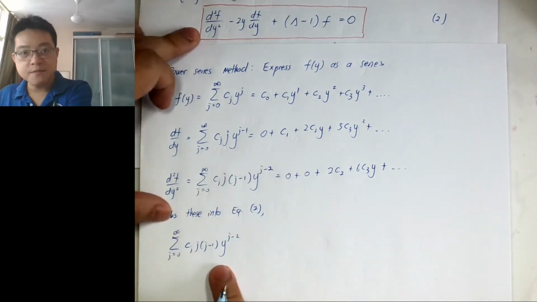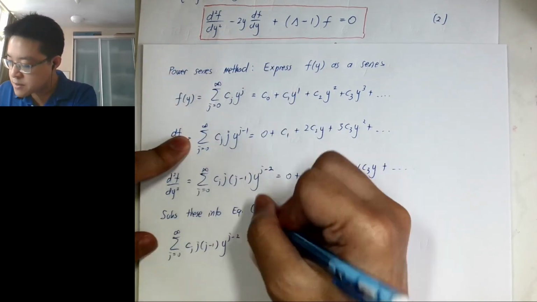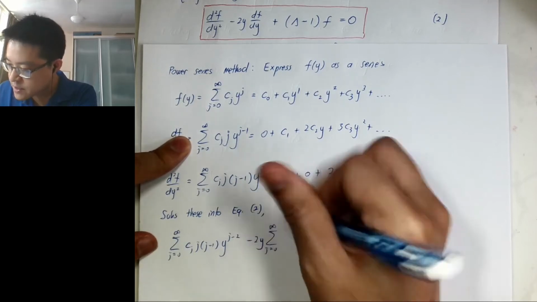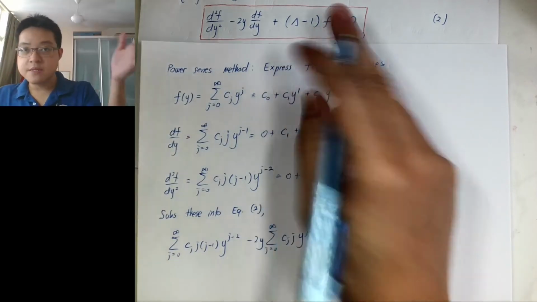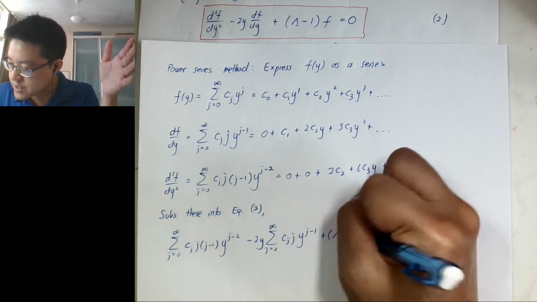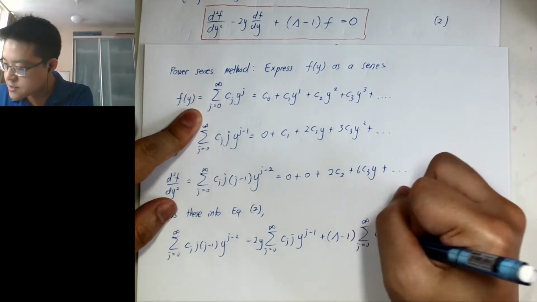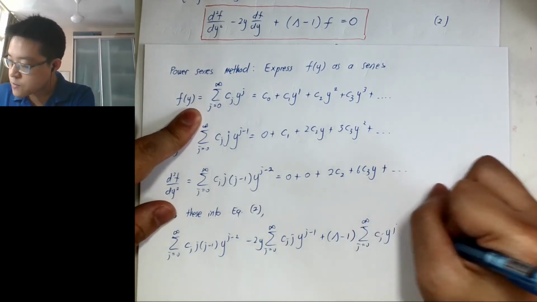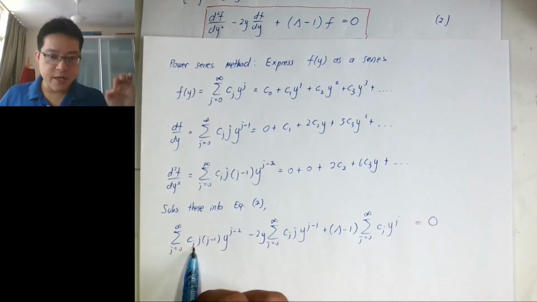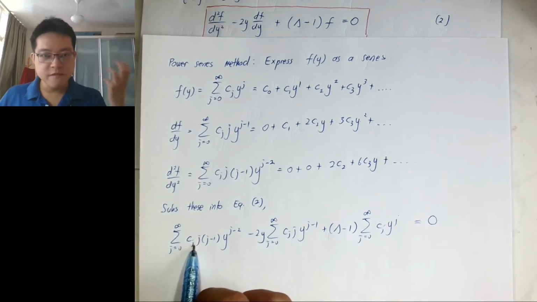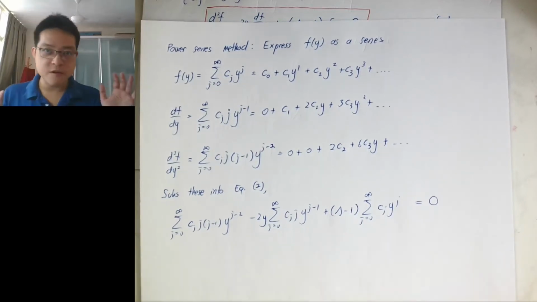The second term is minus 2y times the first derivative, which is the sum of c_j j y^(j minus 1). Then the constant lambda minus 1 times f itself, the sum from j equals 0 to infinity of c_j y^j. The unknown variables are now the c_j. So what values of c_j make the right hand side equal to 0? Does everyone follow so far?